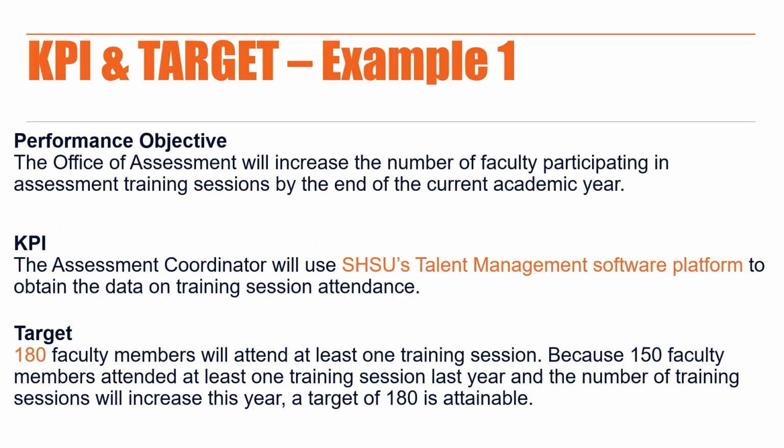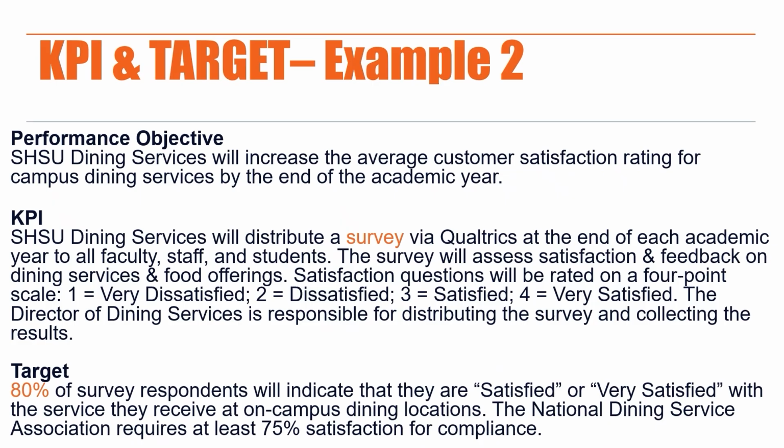In this example, the performance objective is SHSU Dining Services will increase the average customer satisfaction rating for campus dining services by the end of the academic year. To measure this, the KPI involves distributing a Qualtrics survey to collect feedback from faculty, staff, and students. The KPI also includes contextual information about the survey and the rating scale.